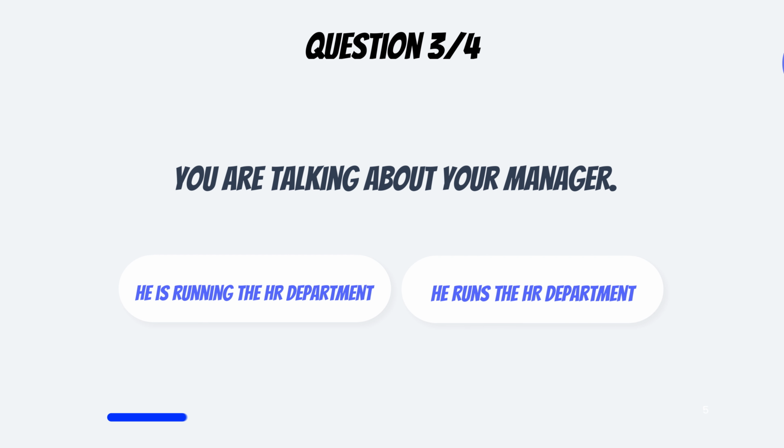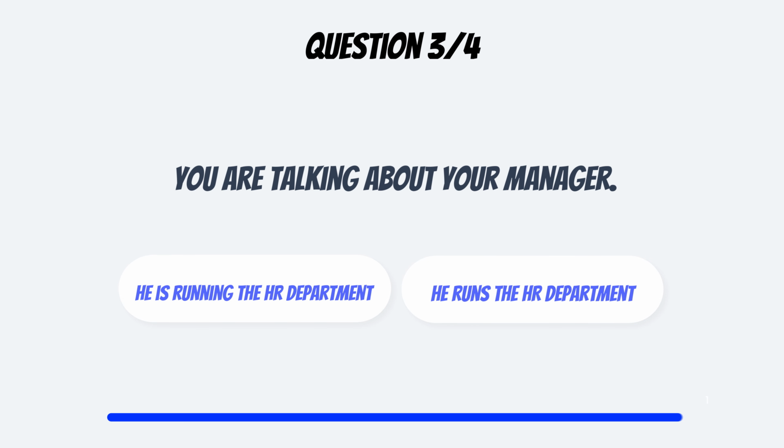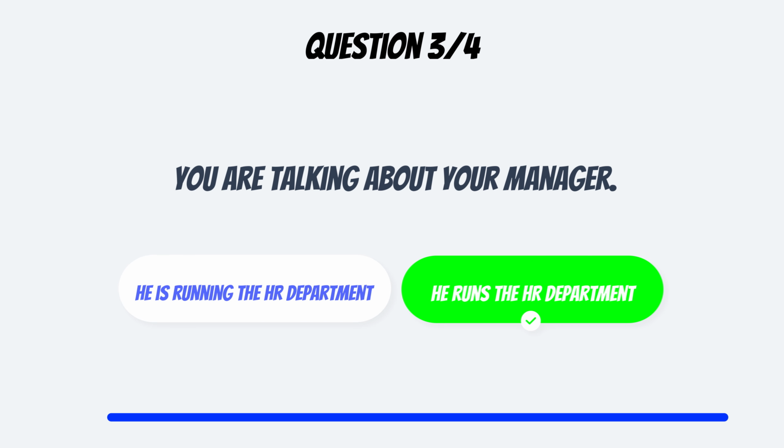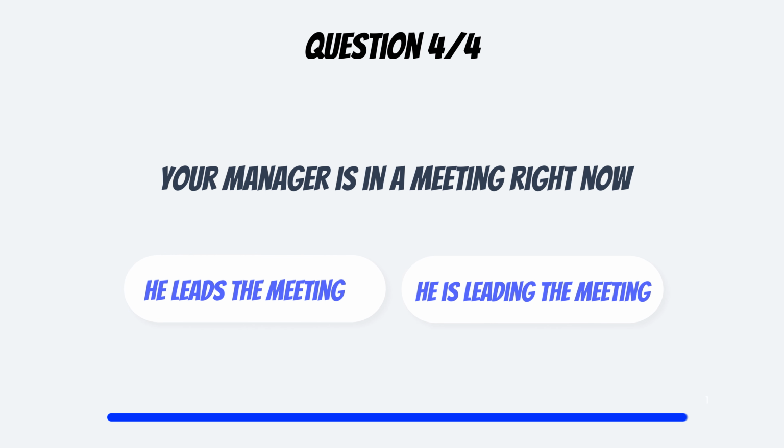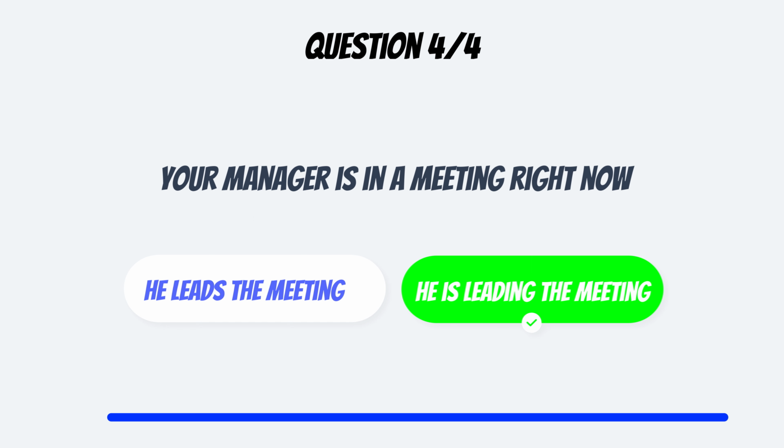Situation number three. He runs the HR department. Situation four. He is leading a meeting. Don't drop the verb to be. Say, he's leading a meeting. Don't say he leading. Don't do that.